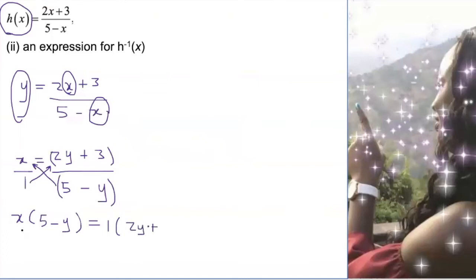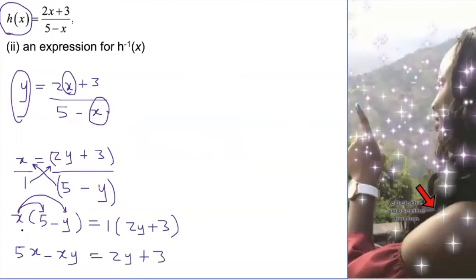So we cross multiply right here. Now clearing the bracket, x times 5, that's 5x. Then x times minus y, that's minus xy. And 1 times the entire bracket, I will just have 2y plus 3.